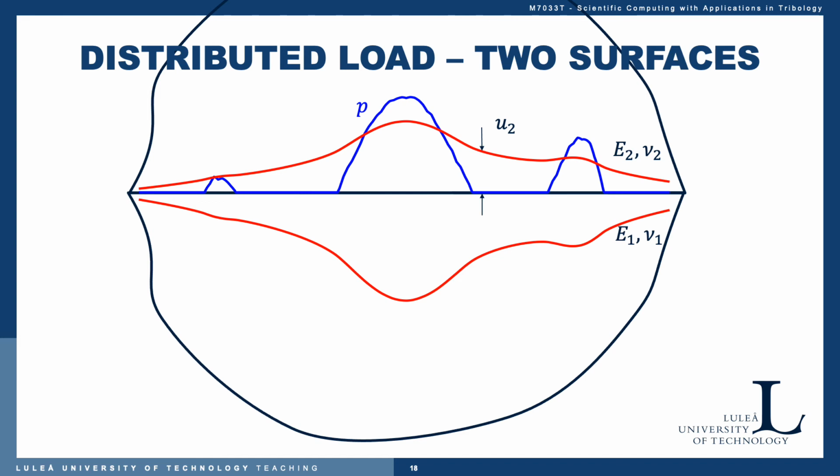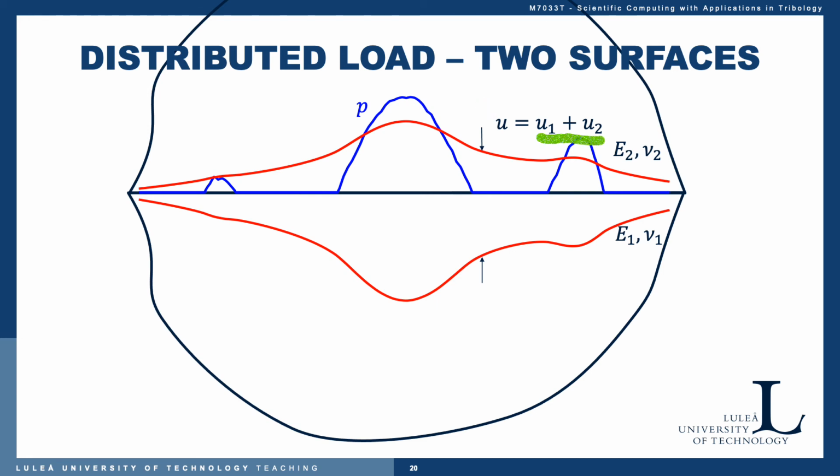So here we see we have deformation U2 from the pressure P in the upper body, and we have U1 from the deformation U1 caused by the pressure P in the lower body. The total deflection is then of course just given by U1 plus U2.